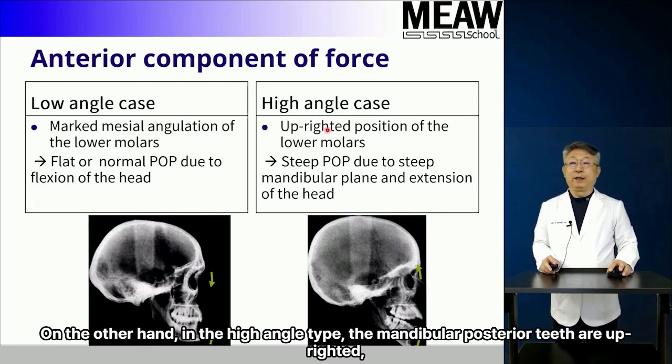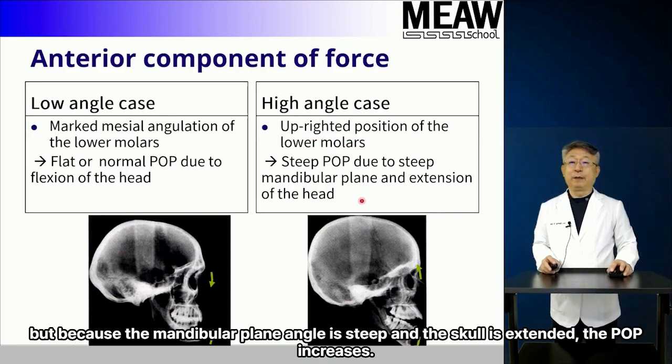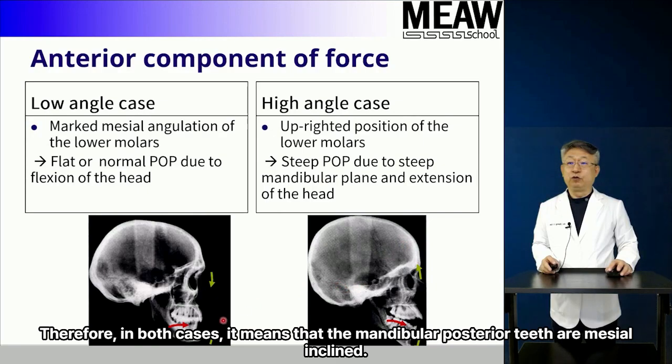On the other hand, in the high-angle type, the mandibular posterior teeth are uprighted, but because the mandibular plane angle is steep and the skull is extended, the POP increases. Therefore, in both cases, it means that the mandibular posterior teeth are mesially inclined.